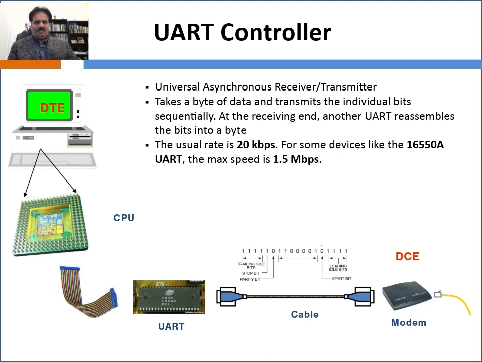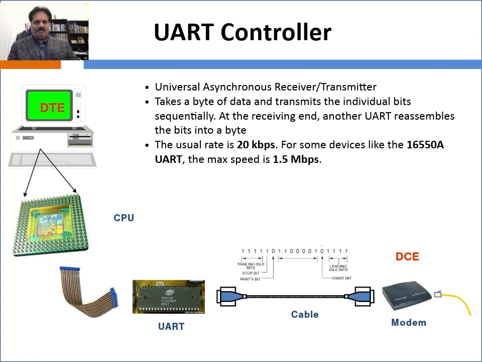That is actually a controller inside the DTE or DCE. They process data and send the data to the physical channel. So whenever the data is transmitted, the controller controls the channelizing of the data. So it takes one byte of data and then transmits the individual bits.